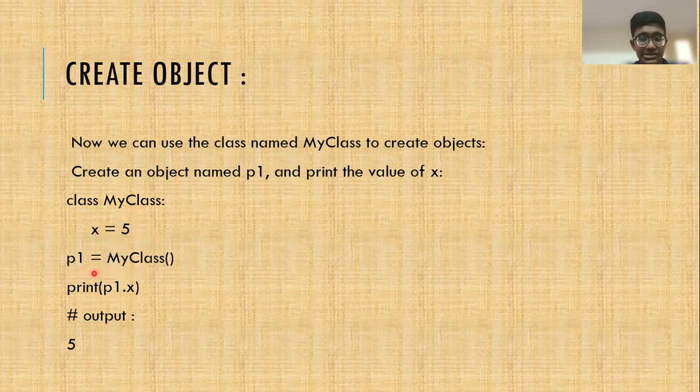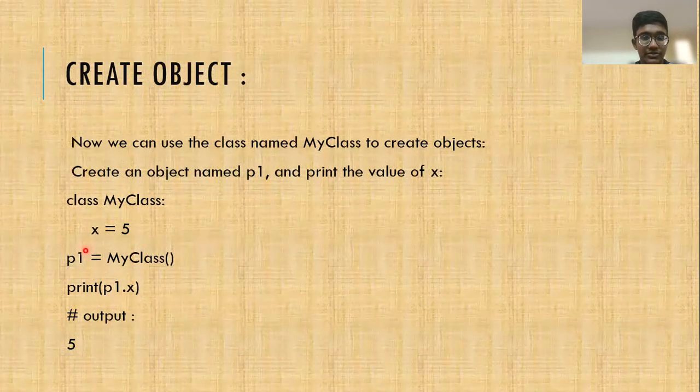This line creates an object P1 from myClass. This is the syntax for creating an object of the respective class. And when we print P1.x, we are printing the value of X, and we get the output 5.